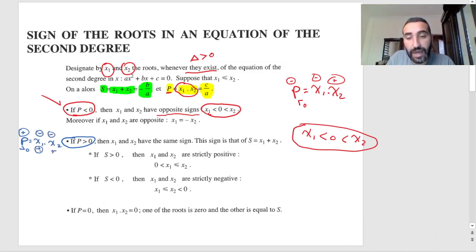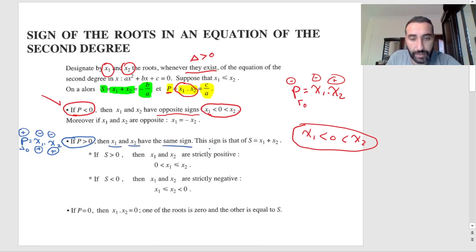So here you have two cases. When two numbers multiplied by each other give a positive product, either both are negative, because negative times negative is positive, or both are positive. So if the product is positive then x1 and x2 have the same sign.